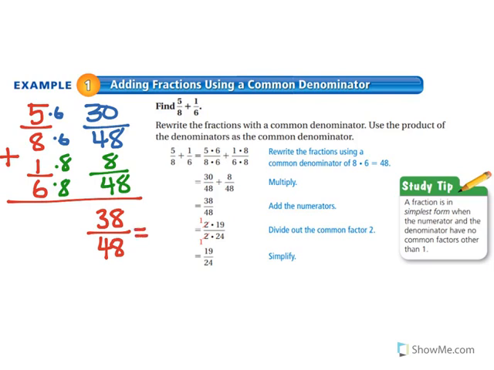If I divide these both by 2, I'm going to get 19 over 24, giving us our final answer. All right? That is one way of doing this. It's, again, coming up with a common denominator by multiplying both the numerator and denominator by the other fraction's denominator.